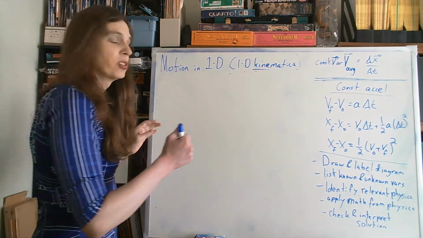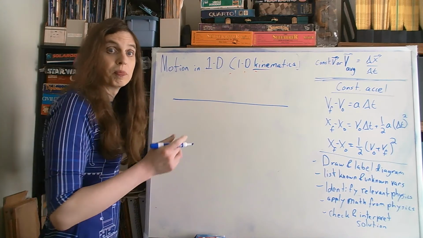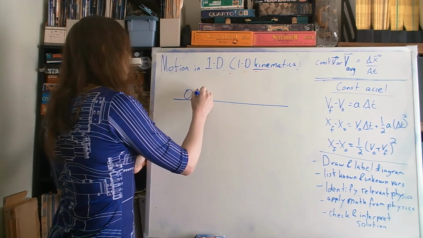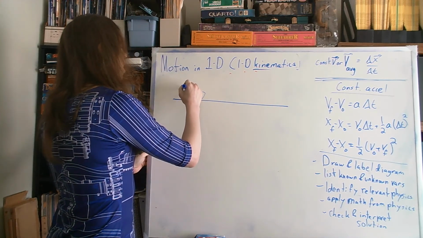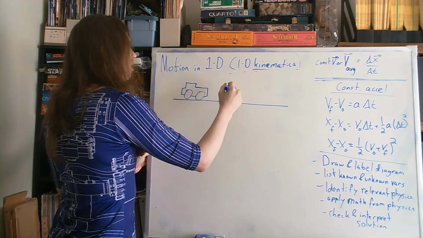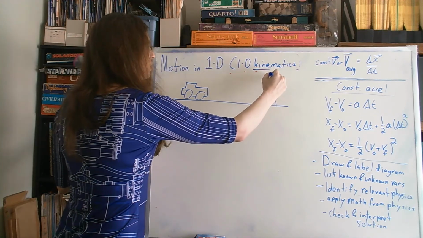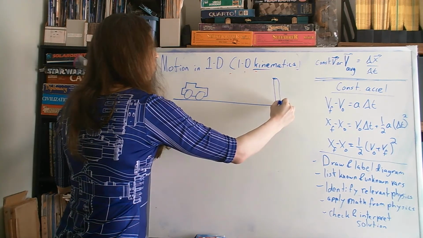So let's imagine a situation here first where we want to stop a car. So we've got some kind of car, and I'm going to draw a real boxy looking vehicle here, and we want to stop it before it runs into some barrier, some wall.